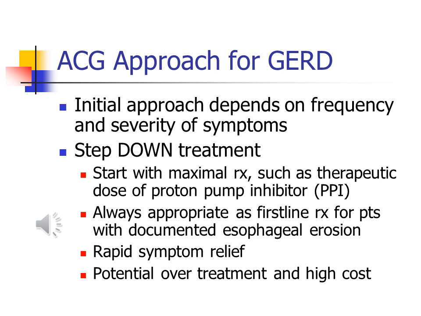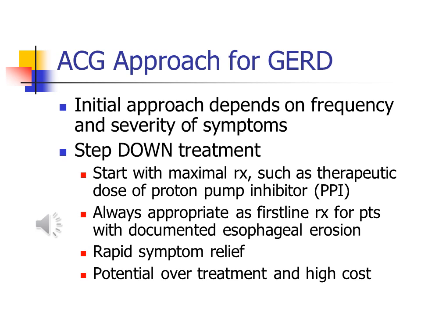According to the guidelines, the initial approach depends on the frequency of the patient's symptoms as well as the severity of symptoms. And they have two ways of approaching the step-down and step-up treatment algorithms. The step-down treatment starts the patient on a maximum prescription option, such as a therapeutic dose of a proton pump inhibitor.